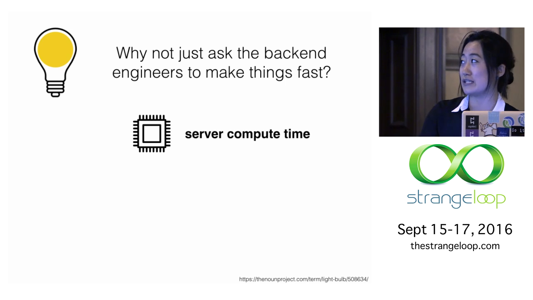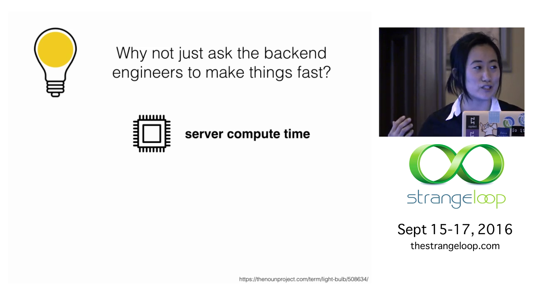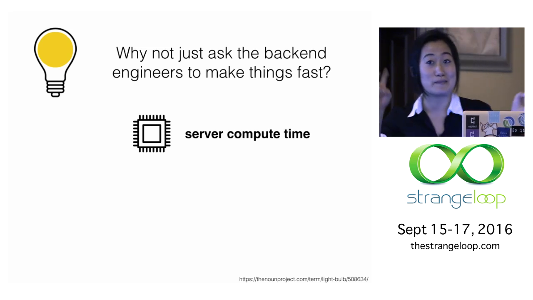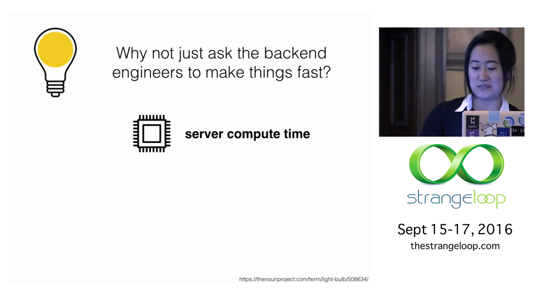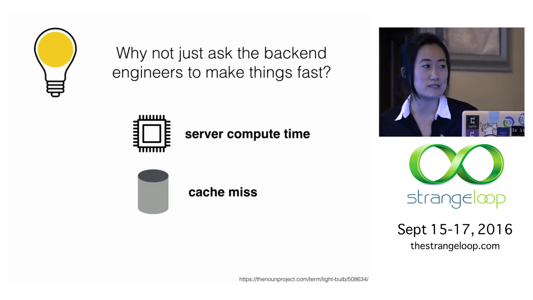The first issue is that the server compute time might just take a while, because if you're doing aggregation over 1 terabyte of data, which is no longer a big number for us entering this big data era, it's really hard to fix. And then there could potentially be cache misses because the data is not really popular, analyzed among different people.